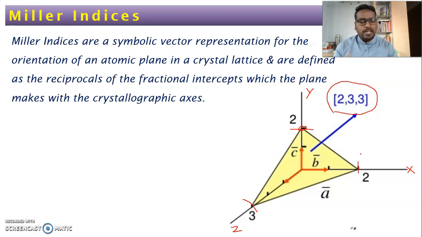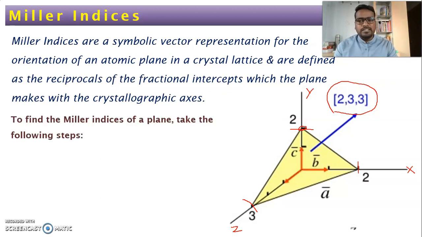So the ratio of these distances is a whole number, an integral multiple. This is called Miller indices, and they can be calculated using these steps.